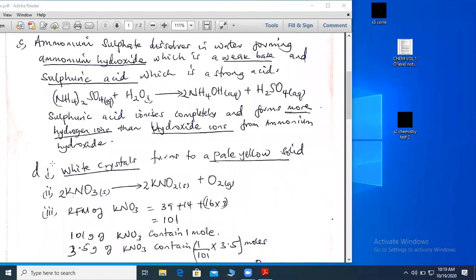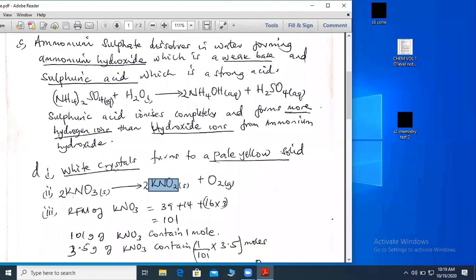Okay. Then part D was asking you to state what is observed when potassium nitrate is heated. Potassium nitrate is white crystals, and when you heat them, they form potassium nitrite, which is a pale yellow solid.